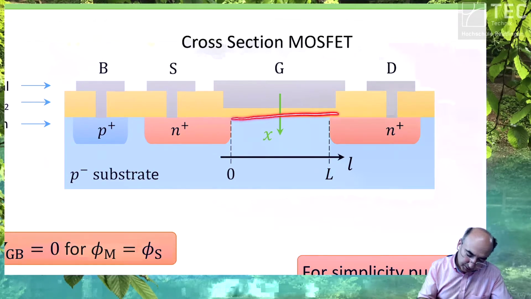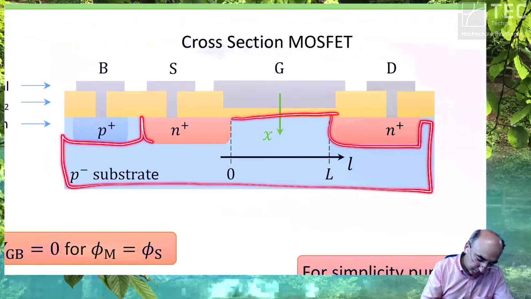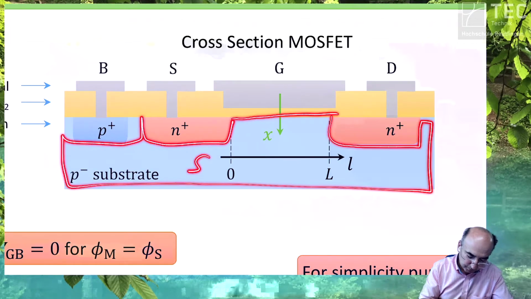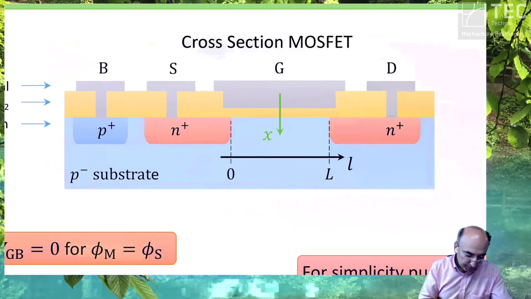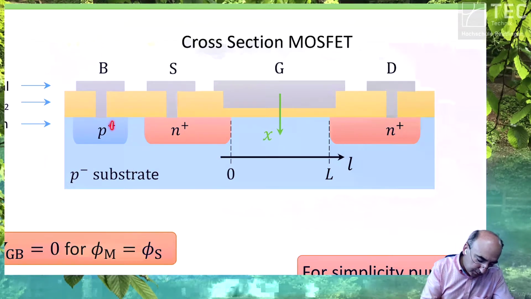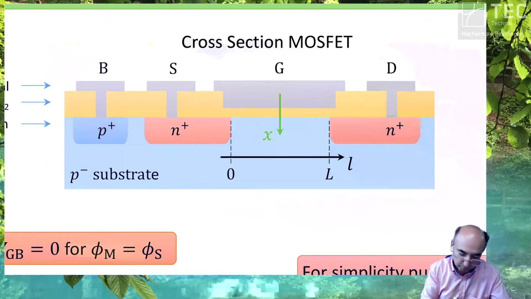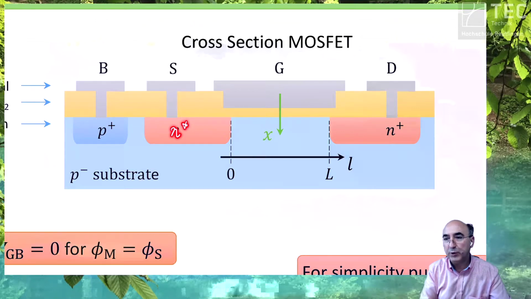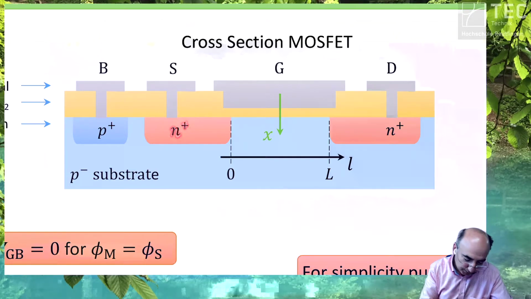Underneath this oxide, you have your silicon, a very low doped silicon. P minus, minus means low doped silicon. Plus means high doped silicon, P-type, boron. N means donor doped, so phosphorus doped, highly.